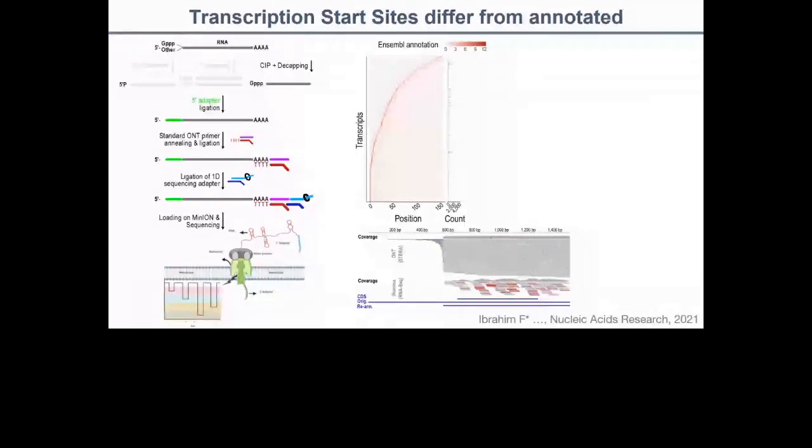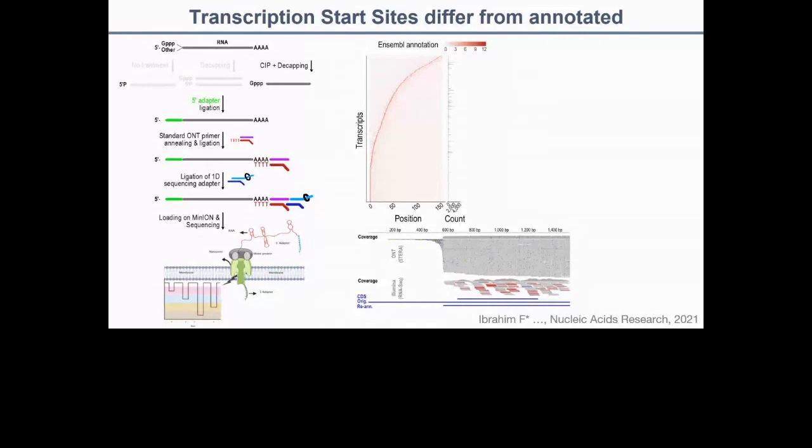And to our surprise, what we saw is that very, very few of the actual transcripts align together with where the annotated 5' ends are. For the majority of the transcripts, we see that there is a great discrepancy between where the data is telling us the 5' ends of these RNAs are and where the annotation is telling us.